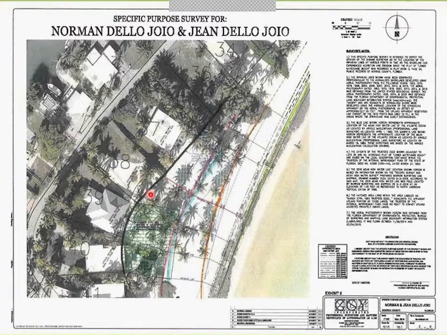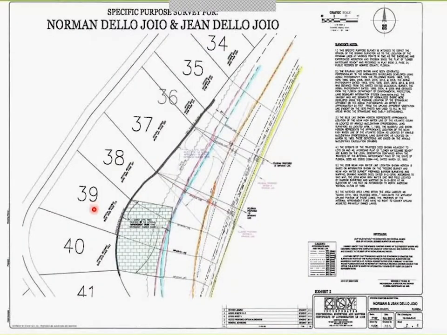This was a trustee's deed given to the then owners of lots 39 and 40 that was based upon what had been referenced as a bulkhead line in the application, although no bulkhead line had ever been actually set in this location. The trustee's deed was issued to these people in, I think it was 1967, if I'm remembering correctly. I can read this when it's on a much larger screen, but my recollection is 1967.